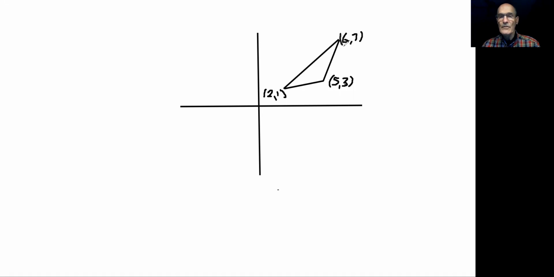Now, we have 3 types of transformations that we'll look at.